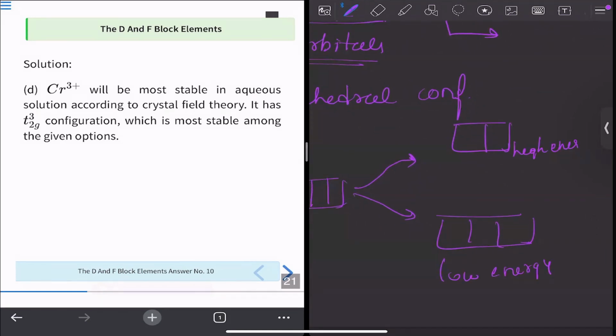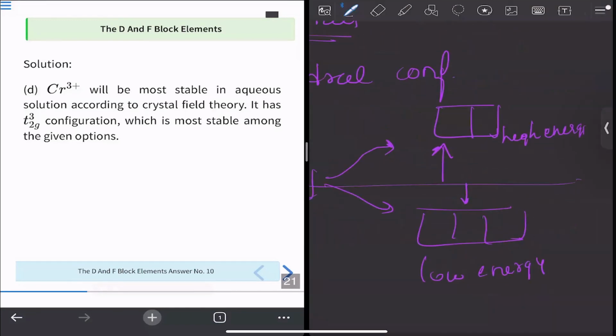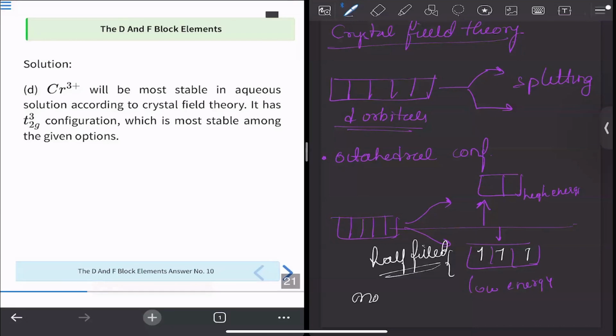So in the case of chromium, there are 3 electrons left, so this is half filled. So it will have more stability.